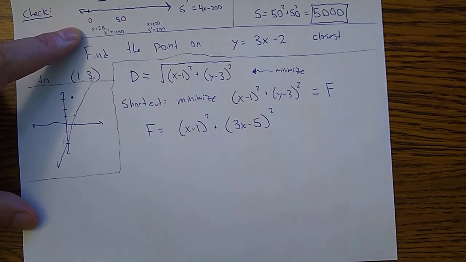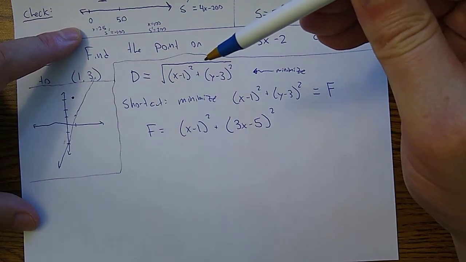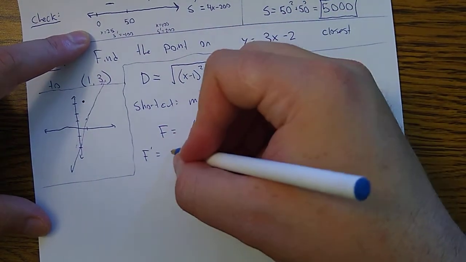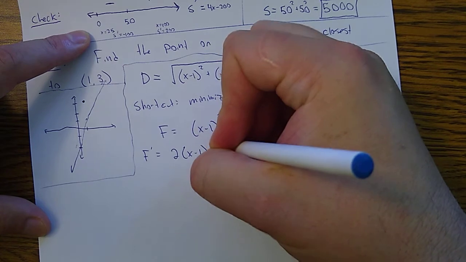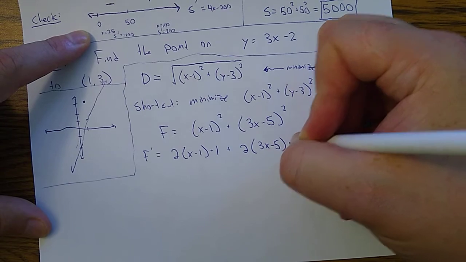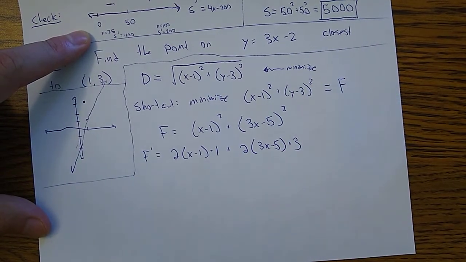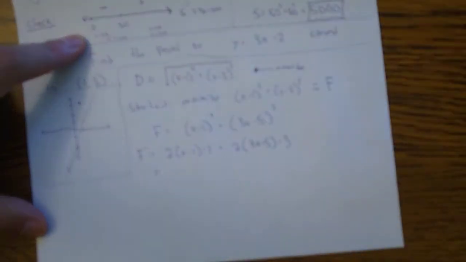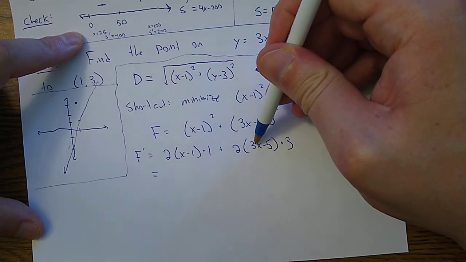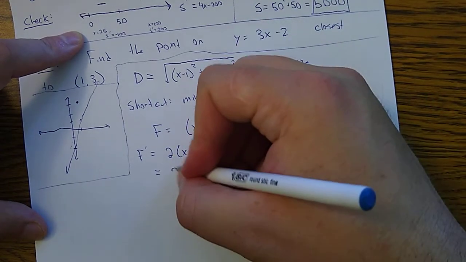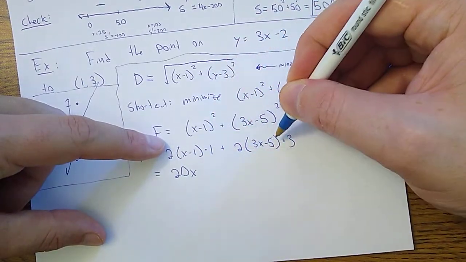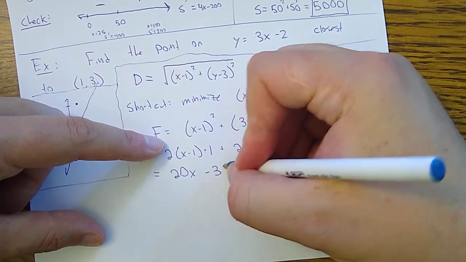Yeah, and then do the derivative. 2 times x minus 1 times 1, plus 2 times 3x minus 5 times 3. Let me simplify that. Let's see, I've got a 2x, and this would have an 18x, so 20x, and this would have a minus 2, this would have a minus 30, so minus 32.